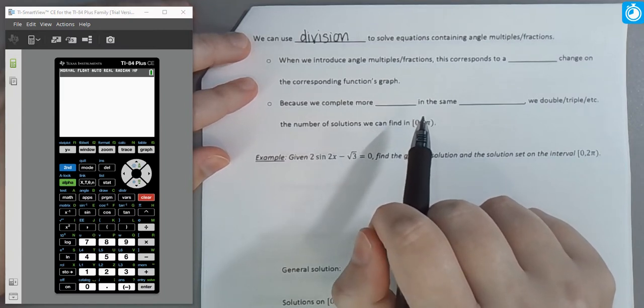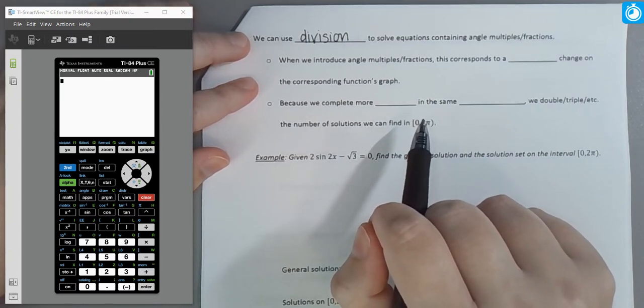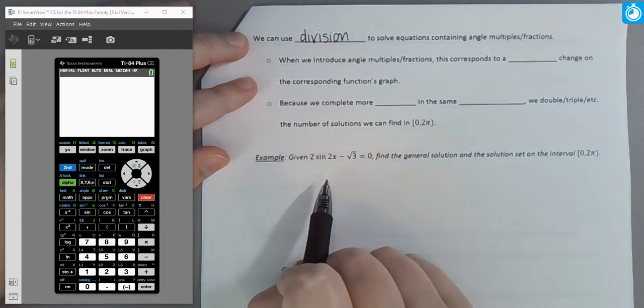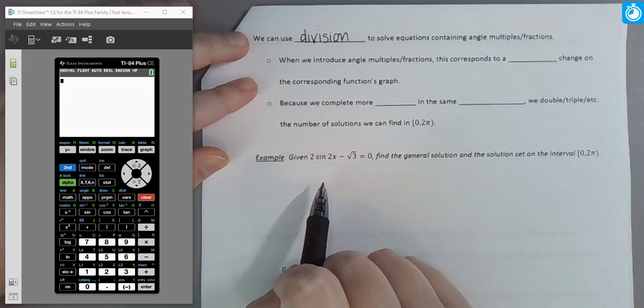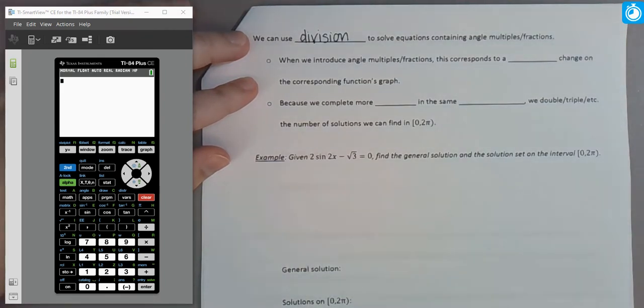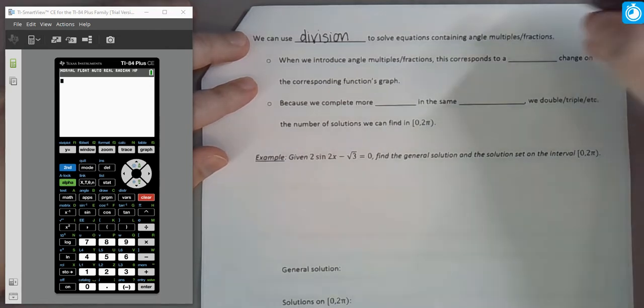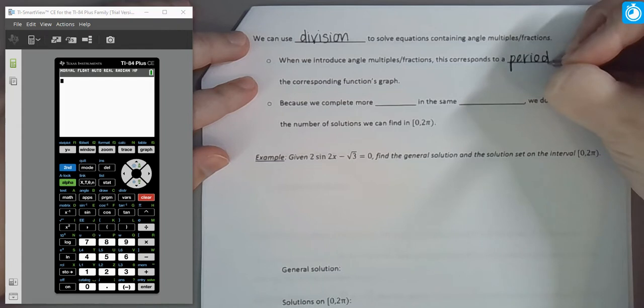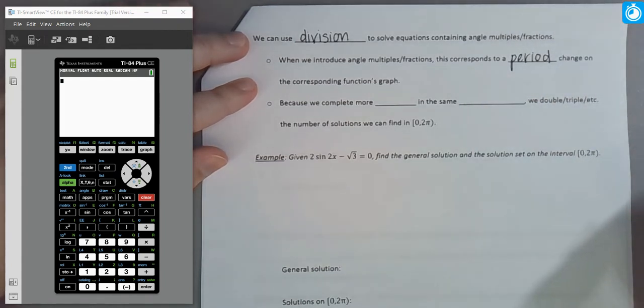Now, from a graphing standpoint, what happens if we take something like, for instance, the sine function and take the sine of 2x? What happens if we have a coefficient in front of our x? Well, from a graphing standpoint, this corresponds to a period change on our graph.